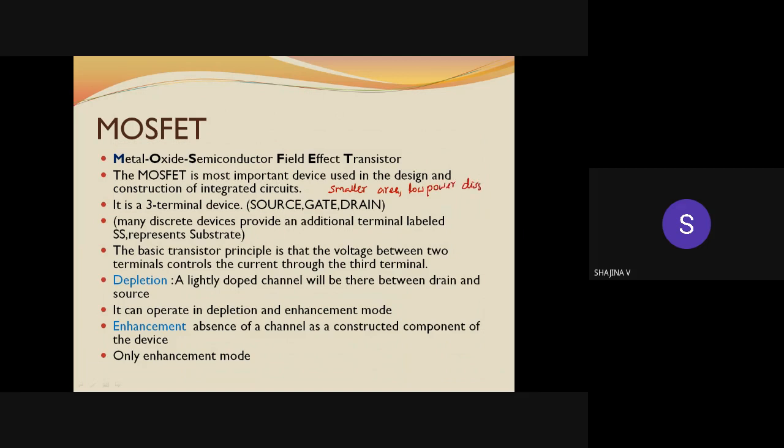Compared to BJT, a MOSFET requires smaller area and it requires low power for operation. So in integrated circuits, that is in ICs, we prefer MOSFET over BJT. So in most applications, we are using MOSFET as the transistor.